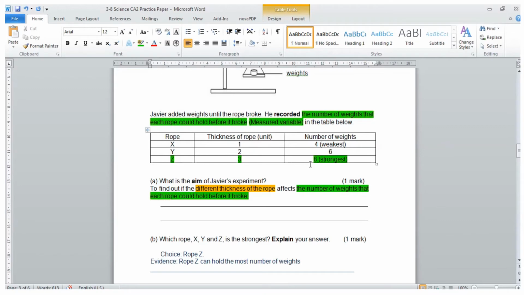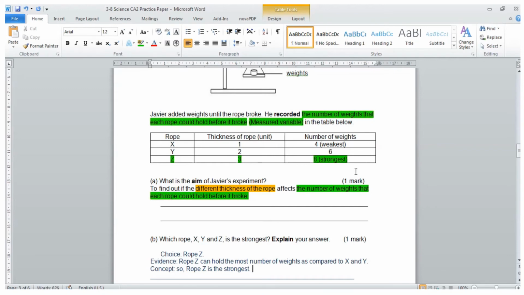Rope Z can hold the most number of weights as compared to X and Y. So what is the concept then? If it can hold the most number of weights before it broke, here is the property of strength. So if it can hold the most number of weights, it is good. So rope Z is the strongest.